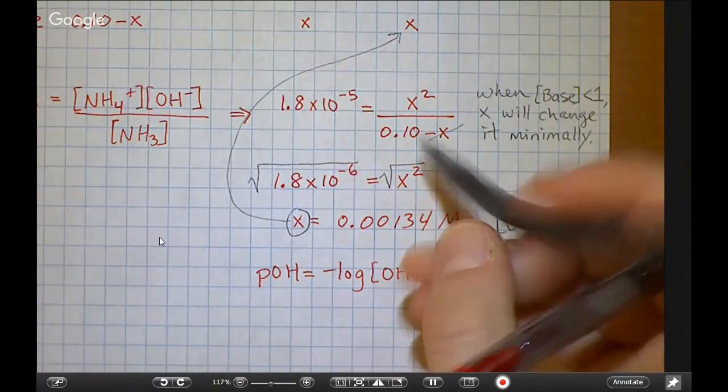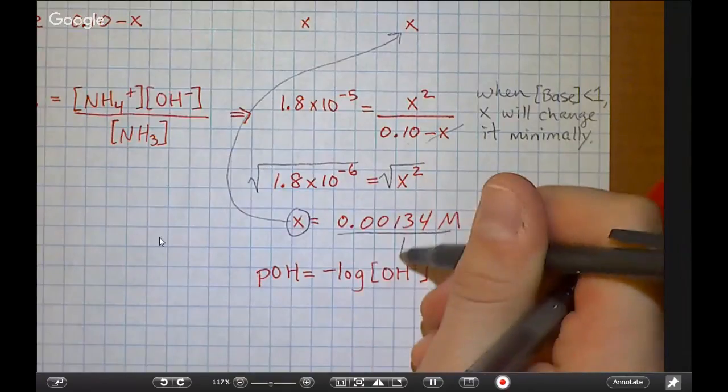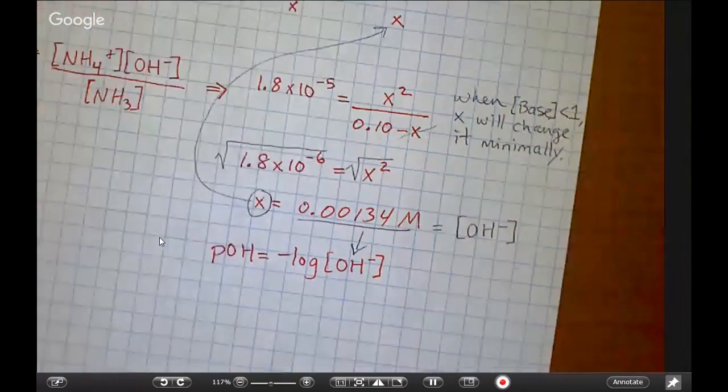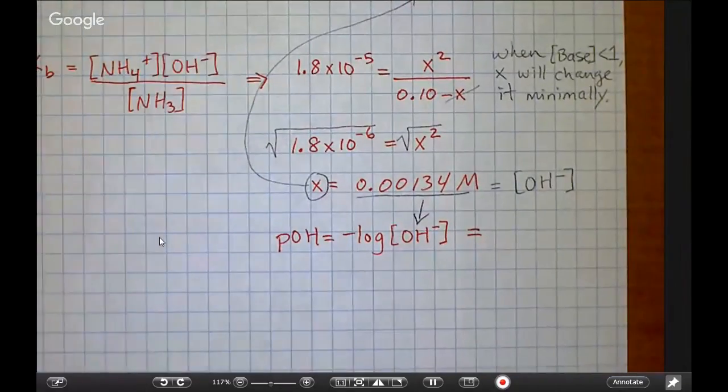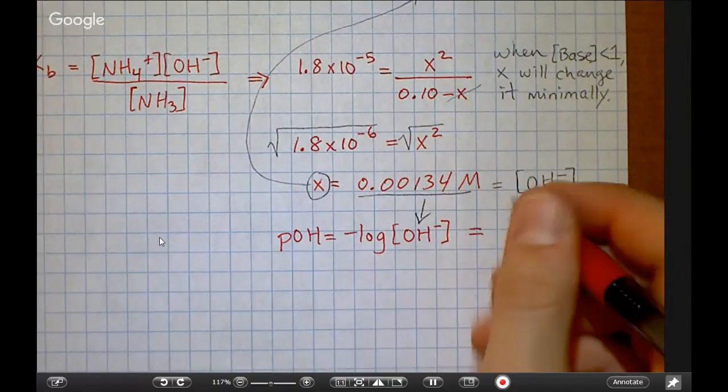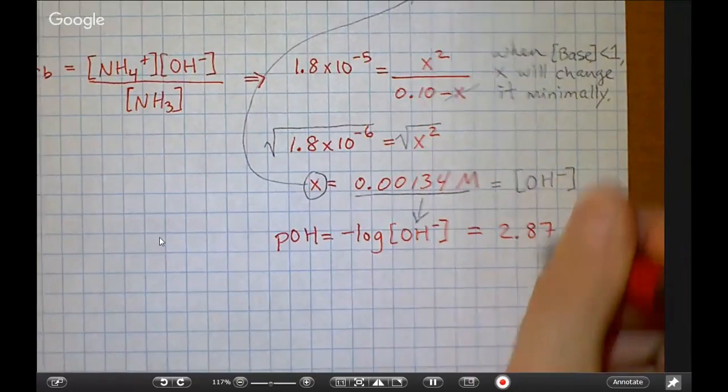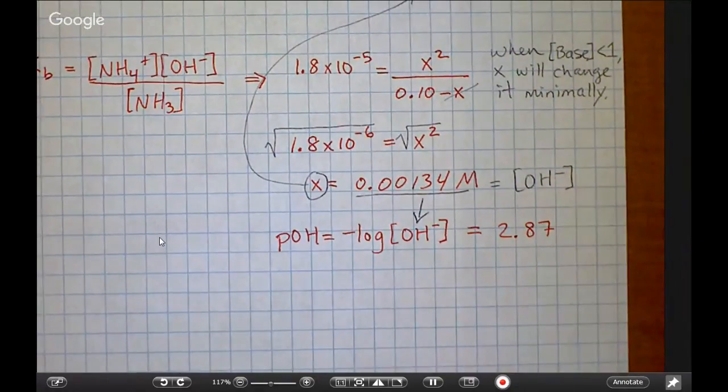So we're going to take this value here, plug it in for negative log. And when you do that, what do you come out with? Okay, so that's the pOH.